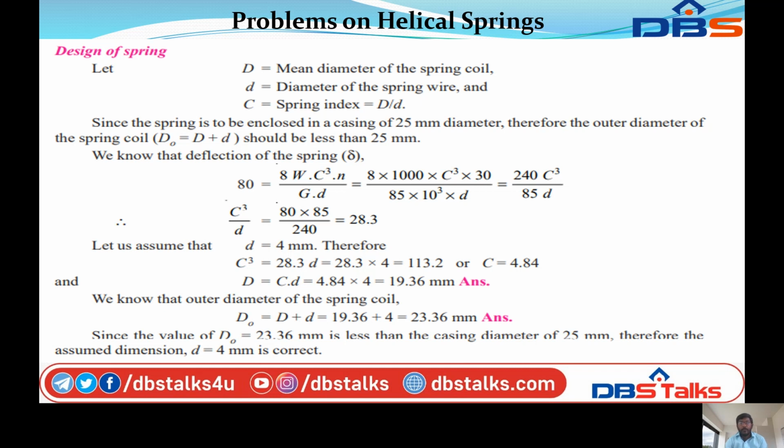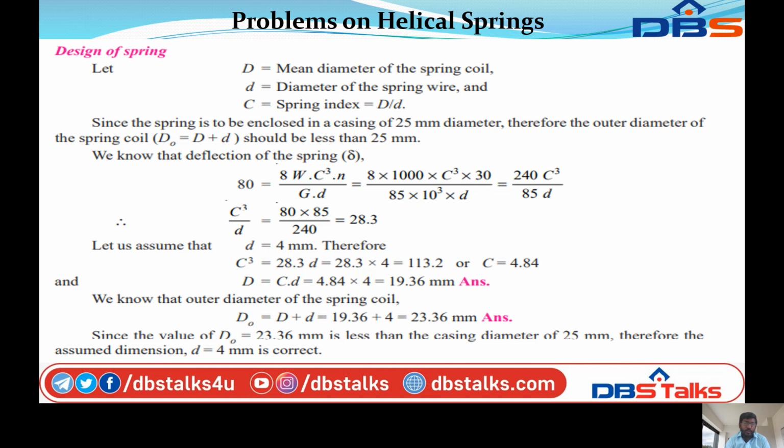So C cube is equal to 28.3 into D, that is equal to 28.3 into 4, that is equal to 113.2. So C cube is equal to 113.2. So finally you can calculate it, therefore C is equal to 4.84.